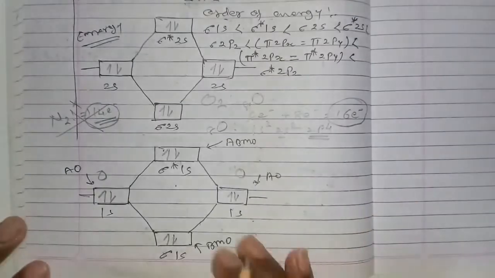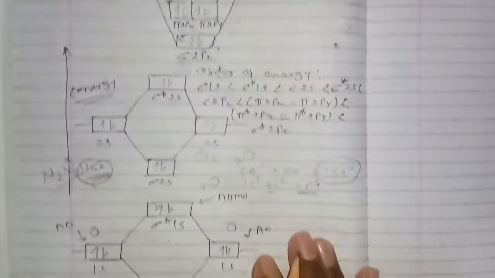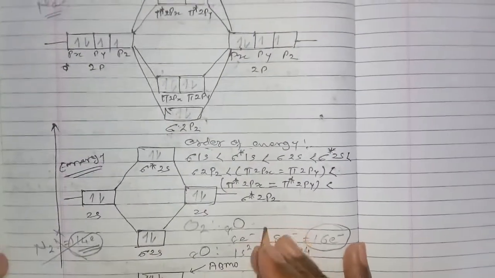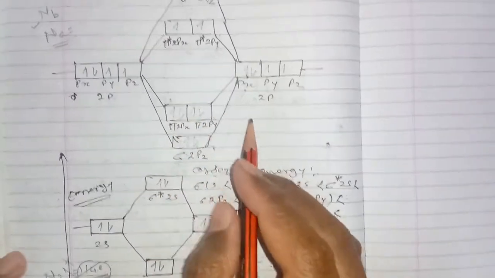Now the number of electrons in bonding orbitals: 2 plus 2 is 4, plus 2 is 6, plus 4 is 10 electrons.